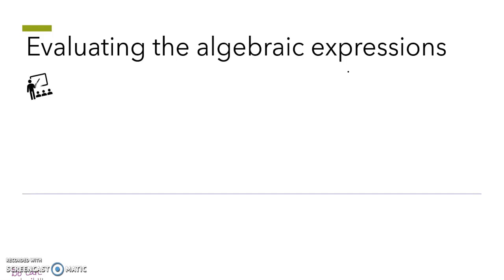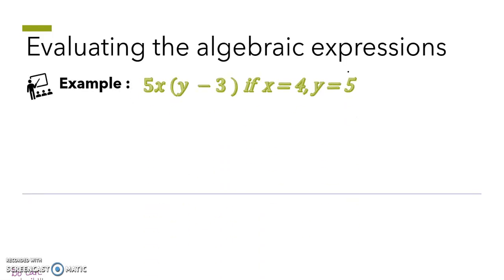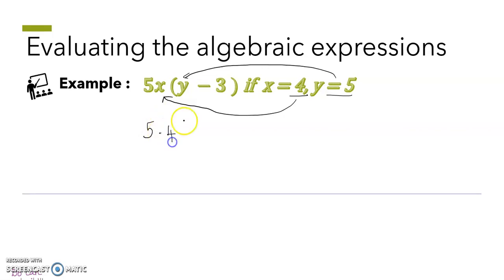So in the same way, we will do some algebraic expressions. Evaluate 5x(y minus 3) if x equals 4 and y equals 5. So we have to substitute x equal to 4 here and you have to substitute y equal to 5 here. So 5 times x is 4, 5 times 4, (y minus 3).